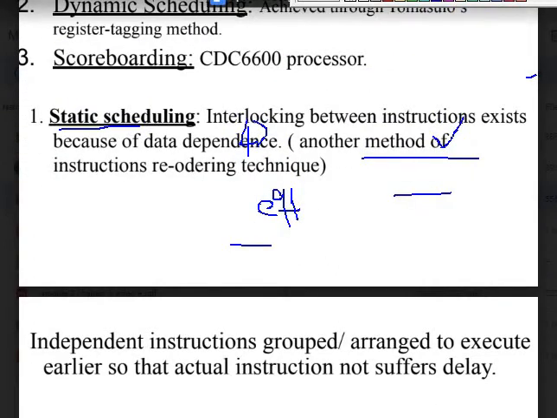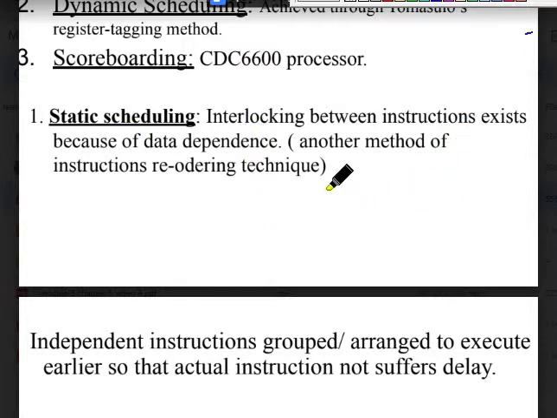In static scheduling, we make a relation between each and every instruction, and because of that we call the situation data dependency.